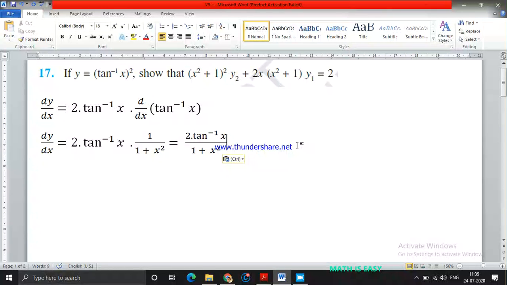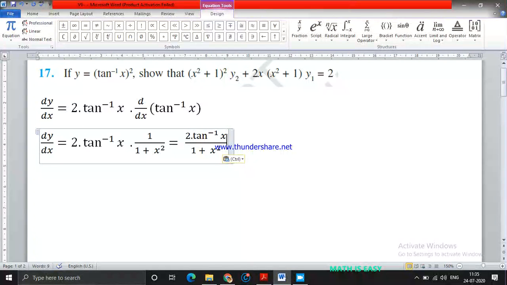Alright. Now what do you want? You want d square y by dx square, the second order derivative also you require. So if you want the second order derivative, should I write this way? Or in place of this tan inverse x, see here you have y equals to tan inverse x whole square. If I want only tan inverse x, so do the square root on both the sides.